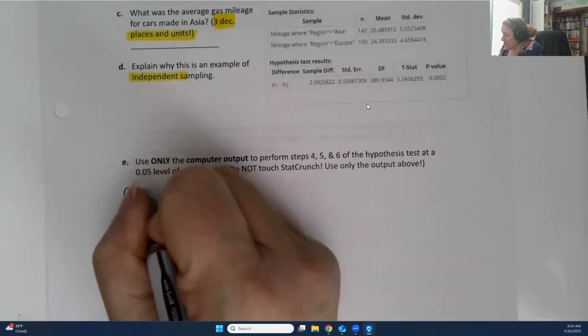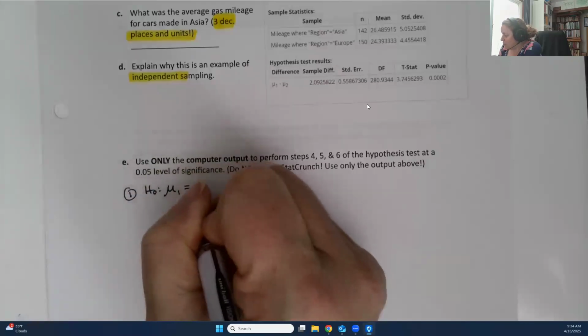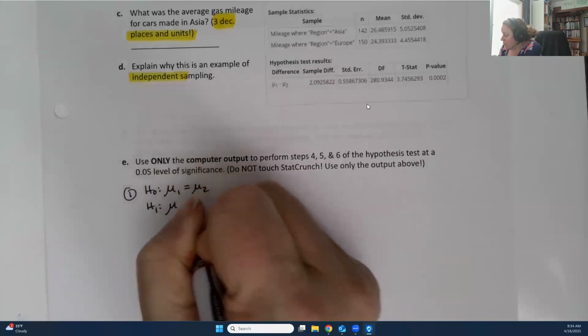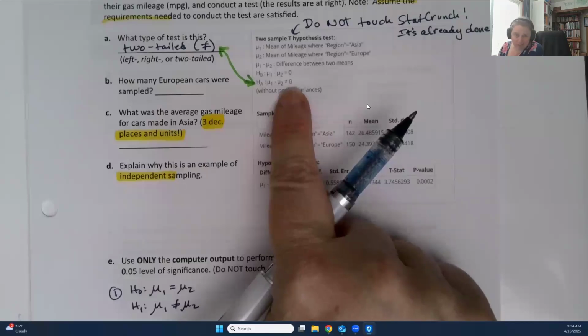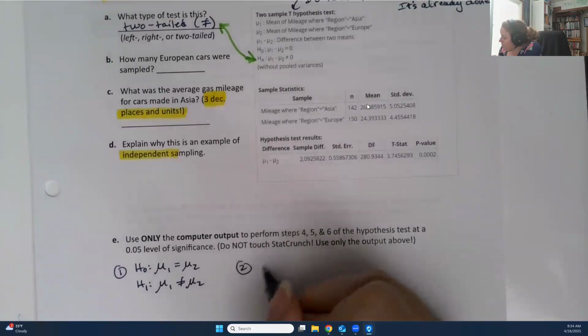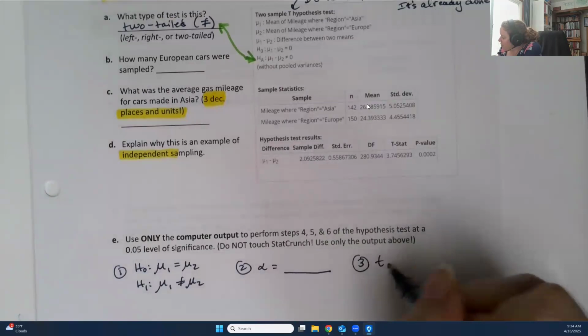Step 1 would be H0: mu1 equals mu2 and H1: mu1 not equal to mu2. Or you could write them as they were written here with the zeros. Either way is fine. Step 2 would be your alpha. Step 3 is your T0.